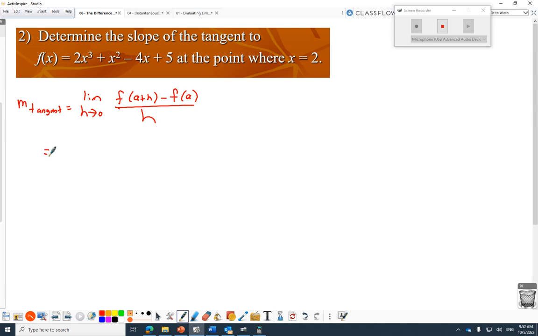Limit as h approaches 0, f at 2 plus h minus f at 2, because I told a giant lie and said I'll always give you that a value. I'll always give you the x value that you need here. We'll get to what we do when I don't give you the x value. Don't worry. If I don't give you the x value, I have to give you the slope, and then you'll work it backwards. But just don't worry about that for now.